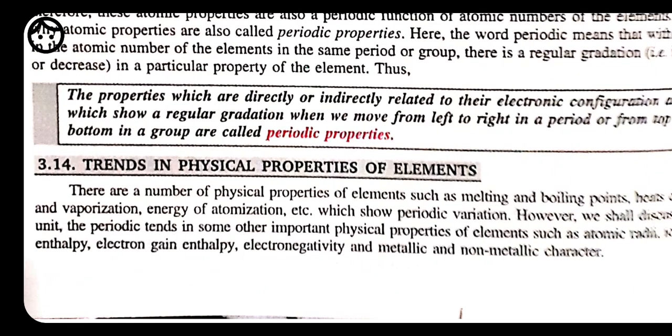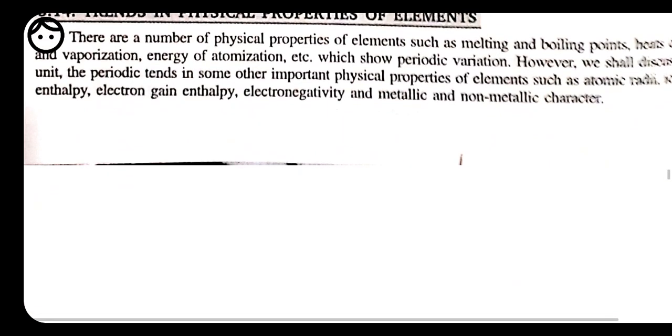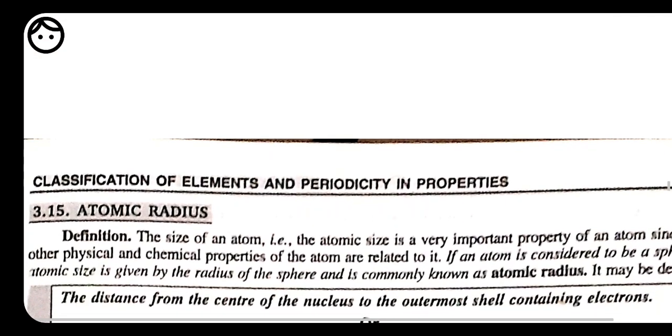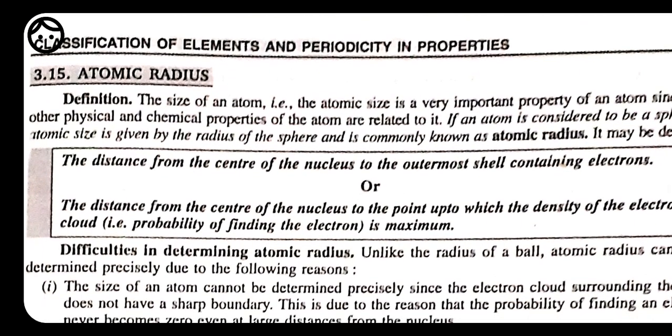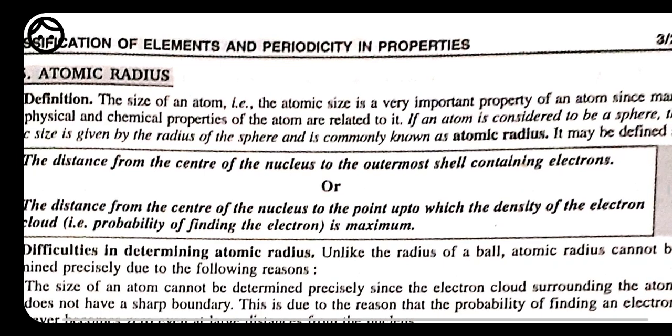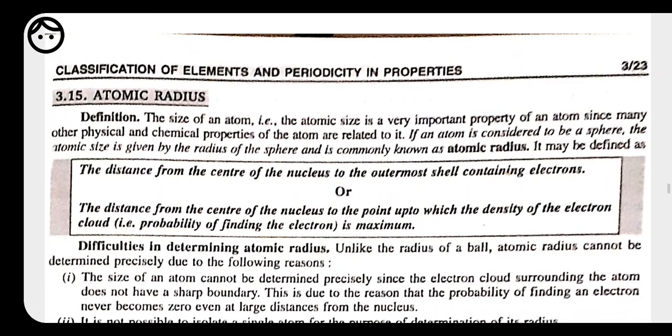Here for the physical properties we will have melting point, boiling point, enthalpy of vaporization, enthalpy of atomization, electronegativity, electron gain enthalpy. So we will first start with atomic radius. This is a very important topic that we have to know. Until we know about the size of any element, it would be very difficult to explain these.